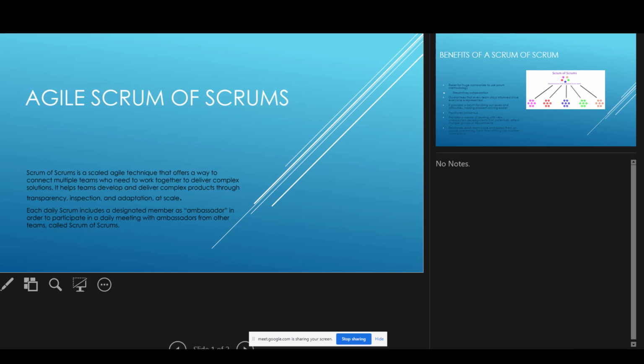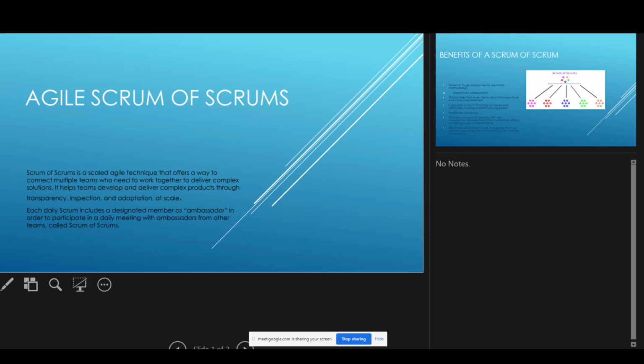The scrum of scrums is an agile technique that offers a way of connecting multiple teams who need to work together to deliver a complex solution. It helps the teams develop and deliver complex products through transparency, inspection, and adaptation at scale.